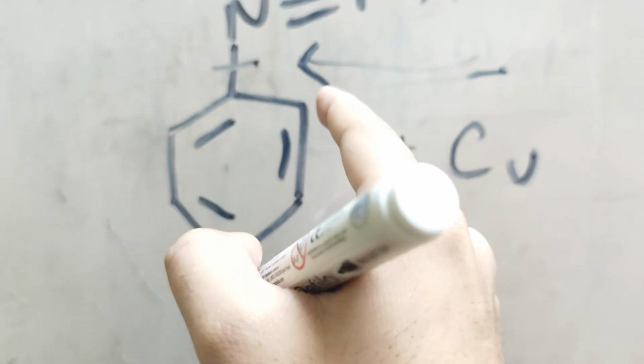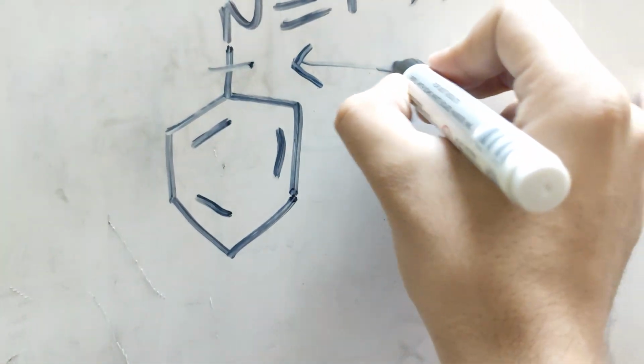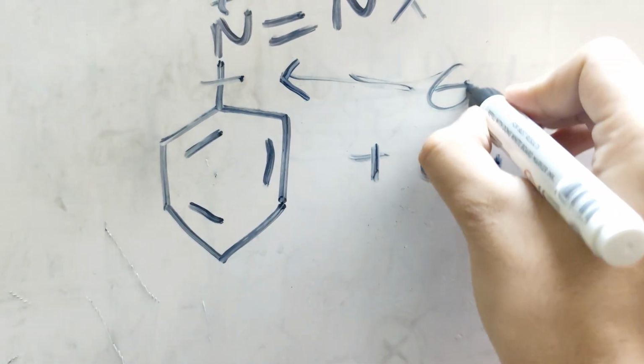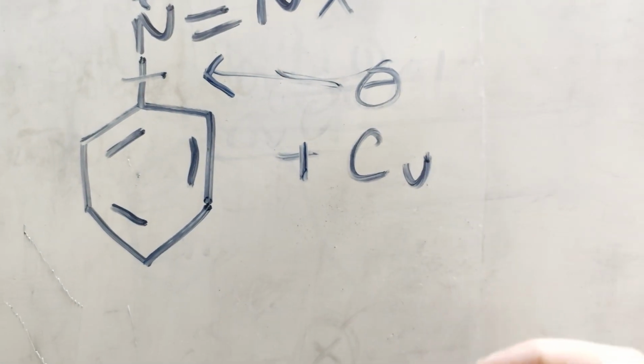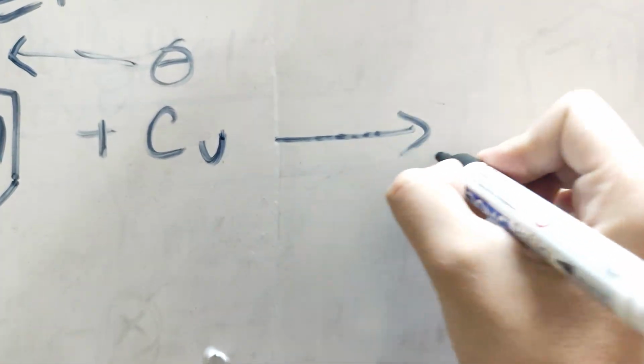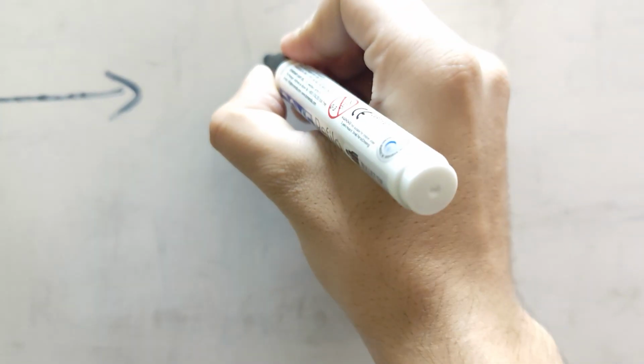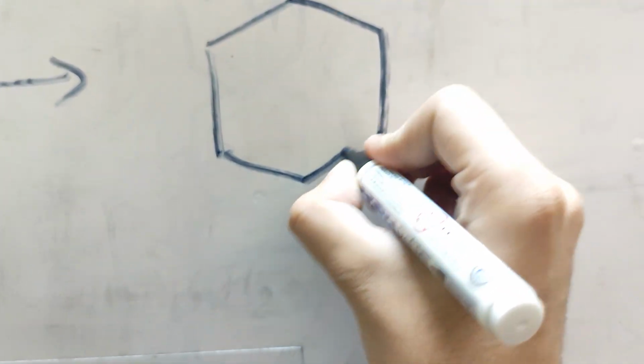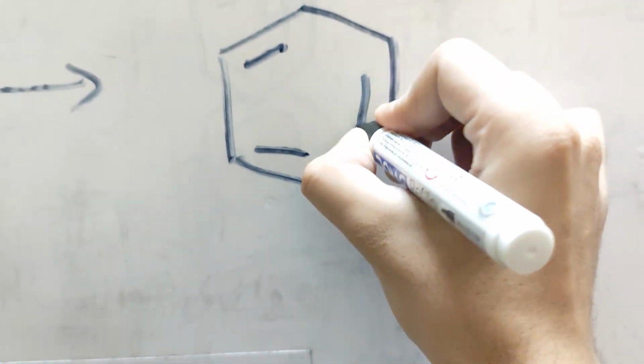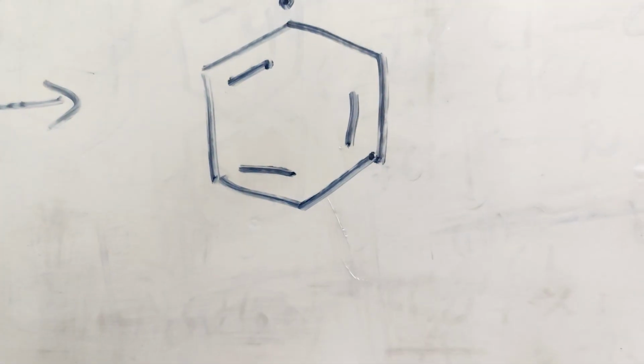When the nitrogen group receives this electron from copper, there is a free radical formation on the benzene ring.